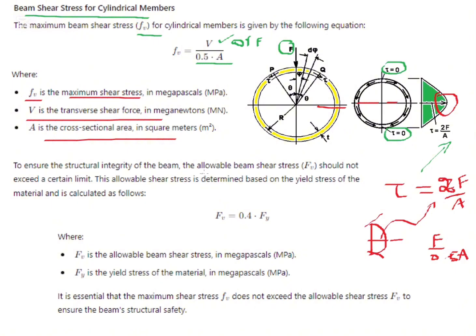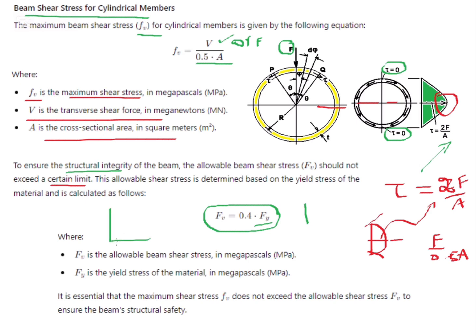To ensure the structural integrity of the beam, the allowable stress should not exceed a certain limit. To maintain structural integrity, we need to ensure that the allowable stress is 0.4 times the yield value, that means 40% of the yield value.